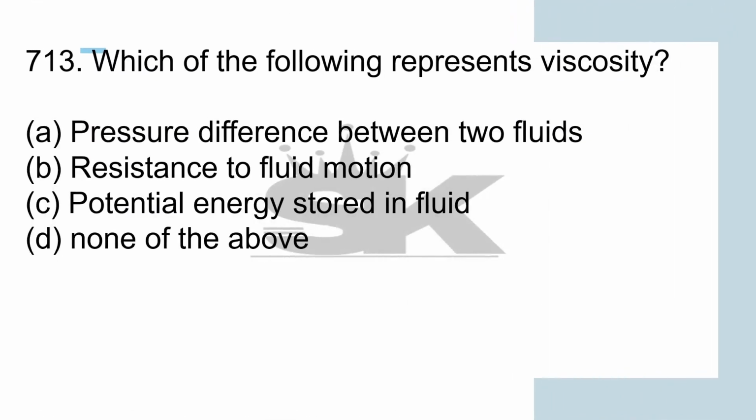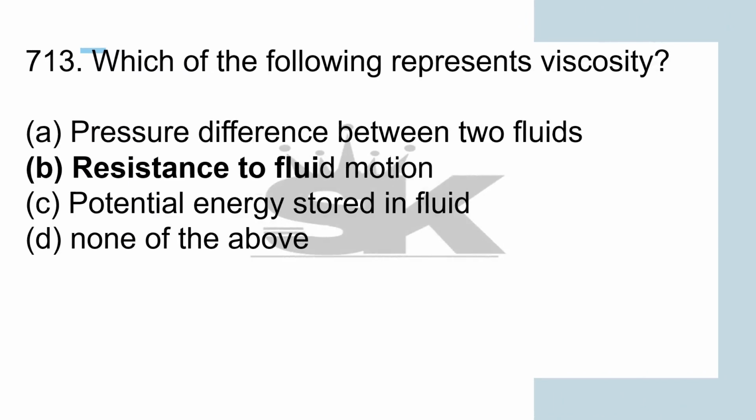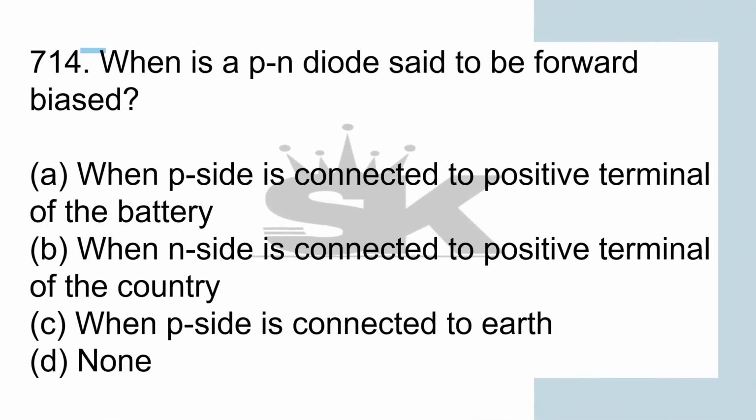Which of the following represents viscosity? So the answer is resistance to fluid motion. Okay. When is a PN diode said to be forward biased? A PN junction diode is said to be forward biased when the positive terminal of a cell or battery is connected to the P side of the junction and the negative terminal to the N side.